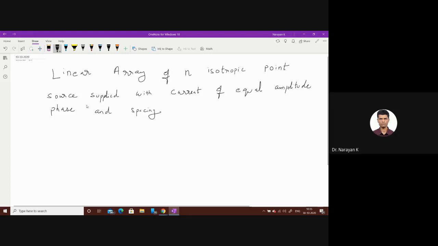Okay, linear array of n isotropic point sources supplied with currents of equal amplitude and spacing. Clear?